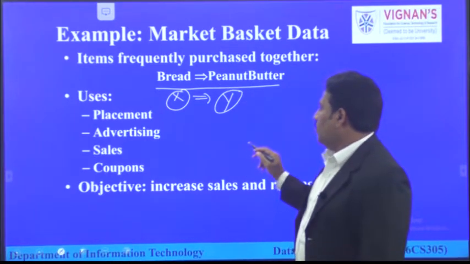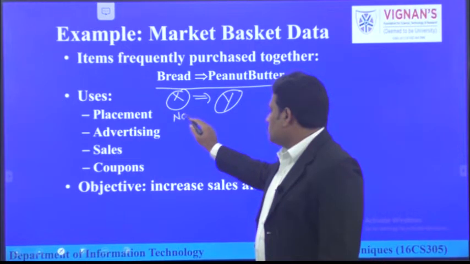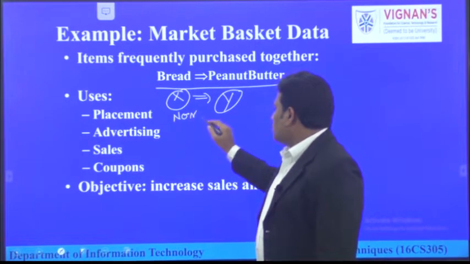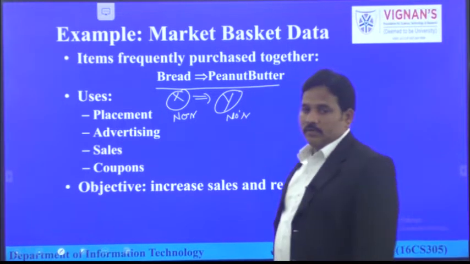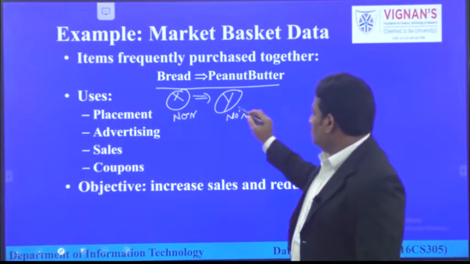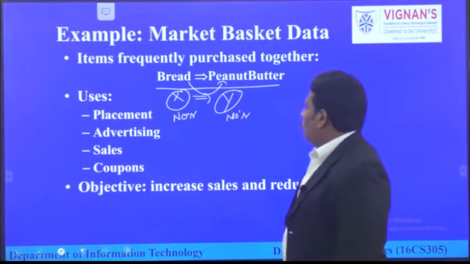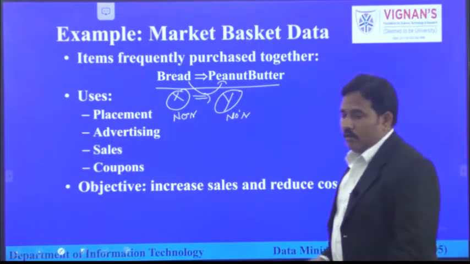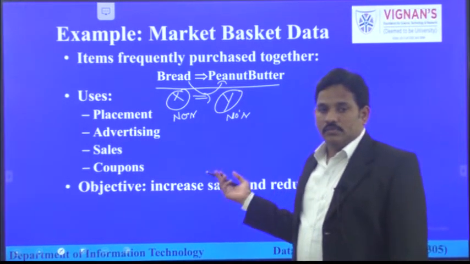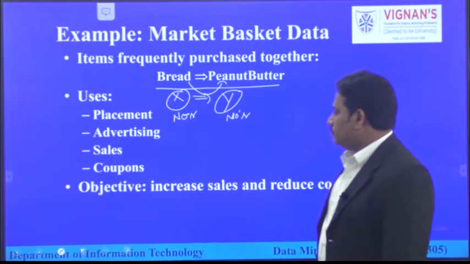Here we are observing all the transactions, to see how many customers have purchased bread along with the peanut butter. That means we want to see the relation between these two products, how many times it is repeated, and how many times this can possibly happen.